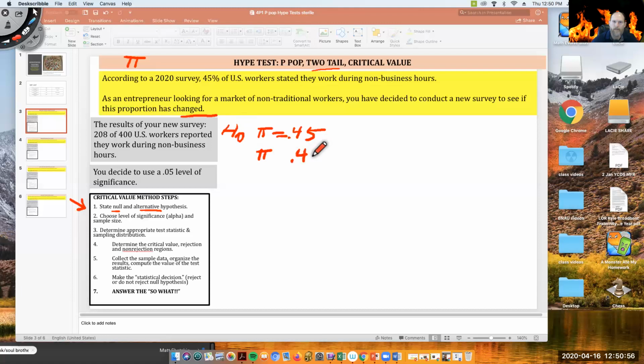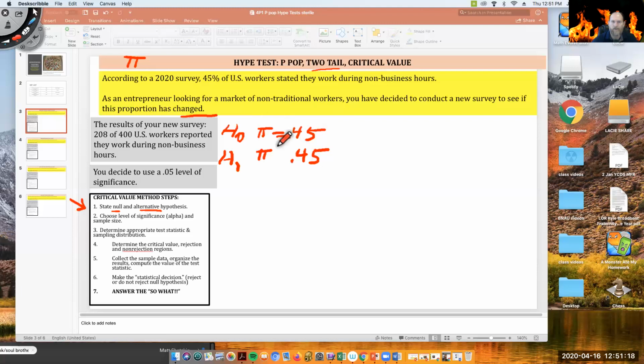So the main thing I want everybody to center on is, whichever one we do first, it doesn't matter. But if we're doing a proportion population, these two are going to be the same. Whatever number we put over here is the number associated with the null hypothesis.